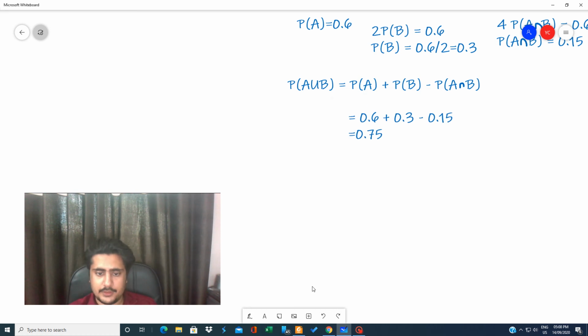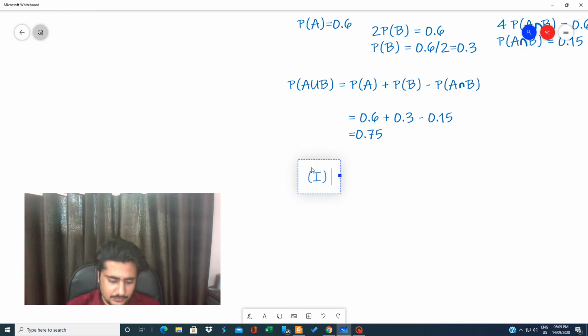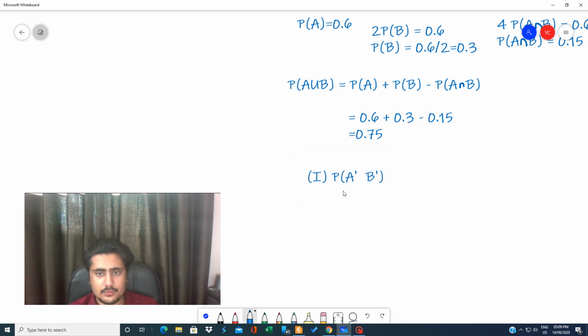Okay. Now let us write what are the questions. So your first question is to find P of A dash intersection B dash. Now how will we find this?